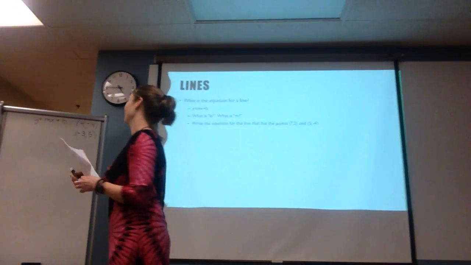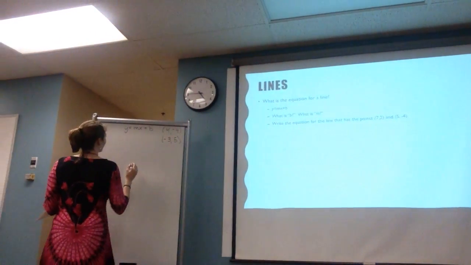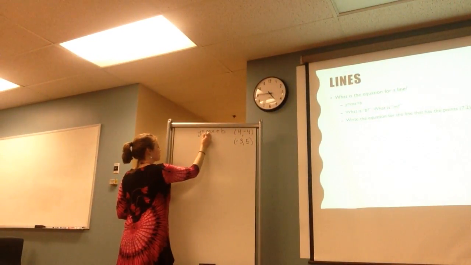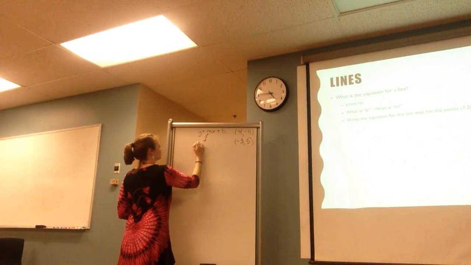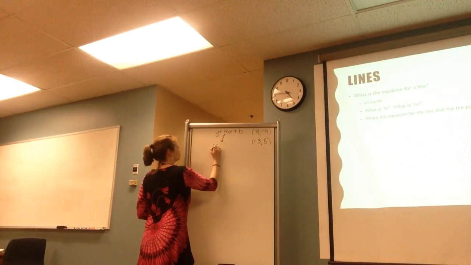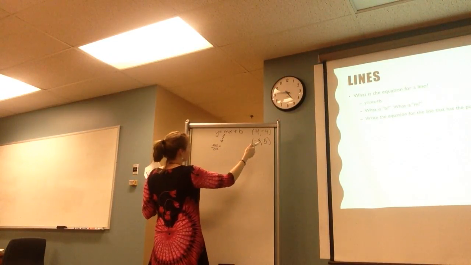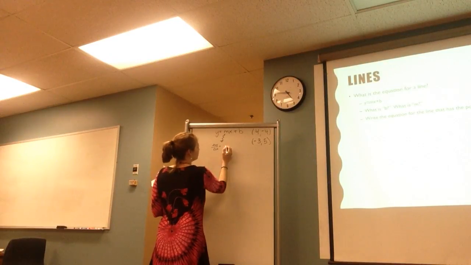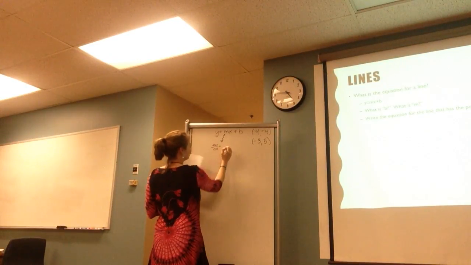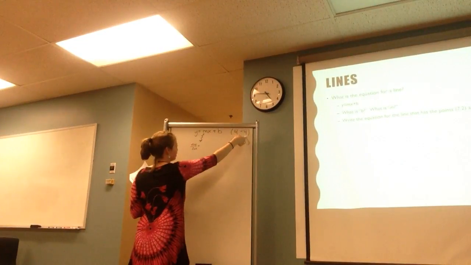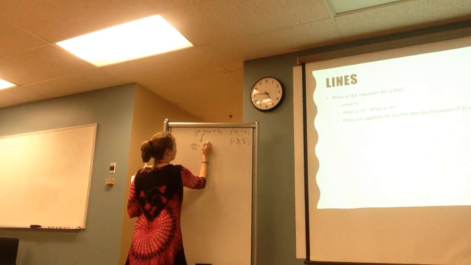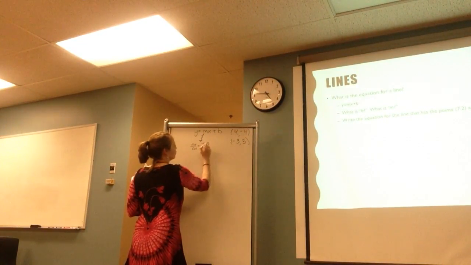Well, let's work through it. The first thing we want to find is m, which is our change in y over change in x. And we can do either one first. So I did -4 minus 5 over 4 minus -3.